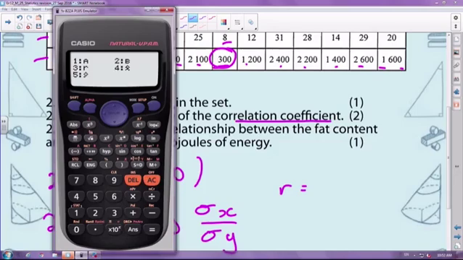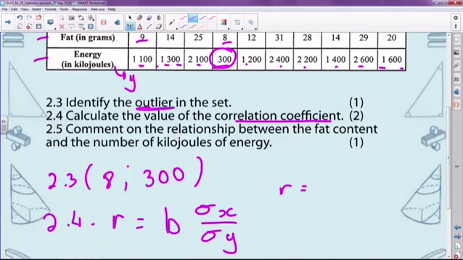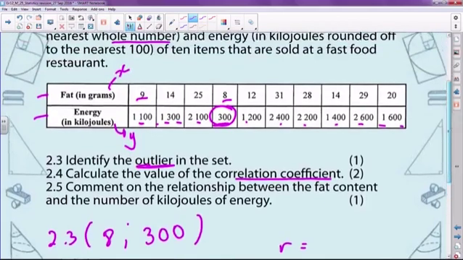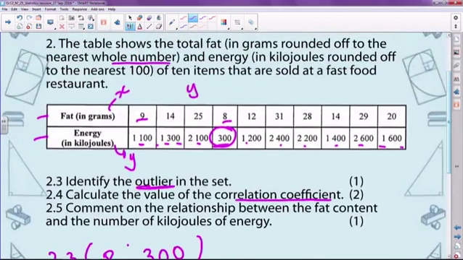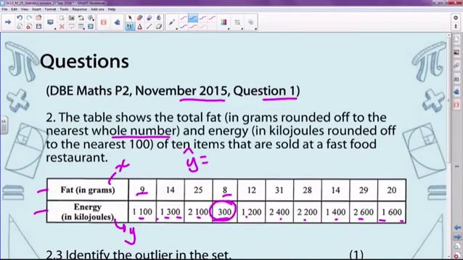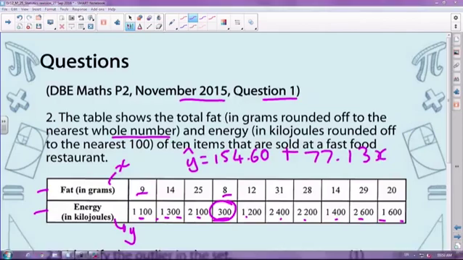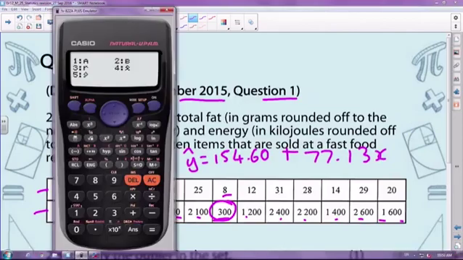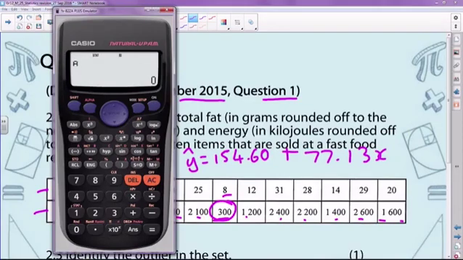And in fact, remember, while we're on this point, if this was a question you had to do from scratch, you could always check and double check that your answer is correct by using your calculator. Or if you wanted to verify that this line was in fact given by 154,60 plus the gradient 77,13 times X, you could just use your calculator to confirm that those are the values for A and B. If I press 1, I get the value for A as 154,60.